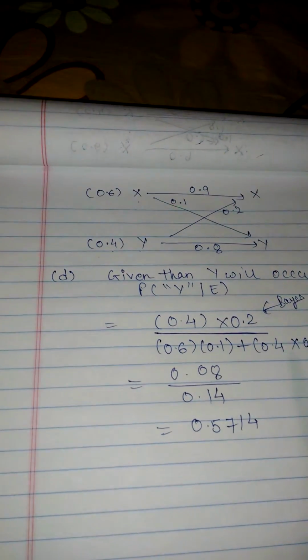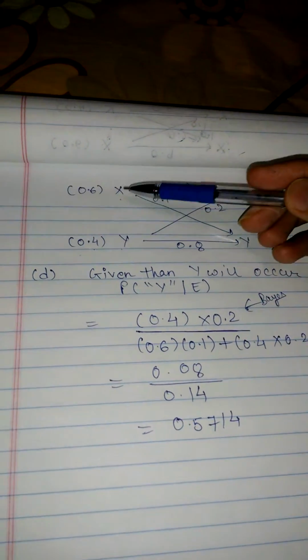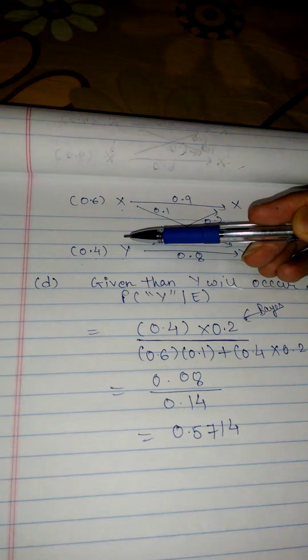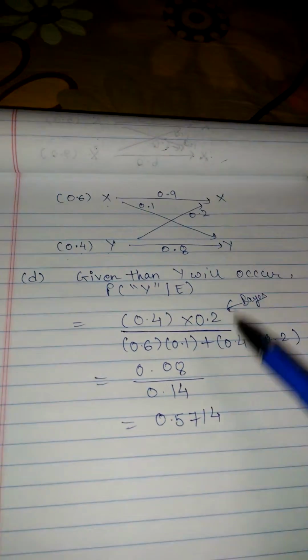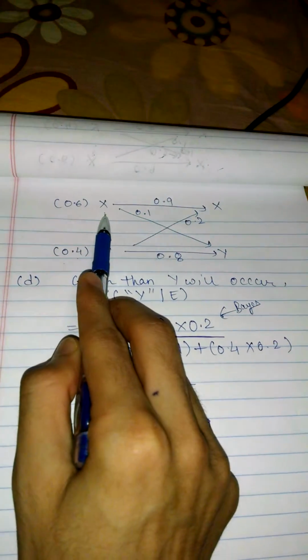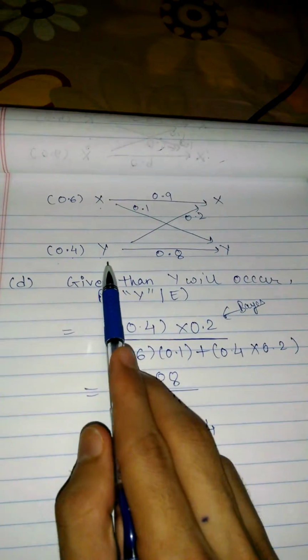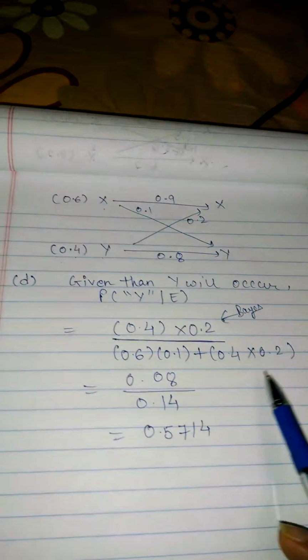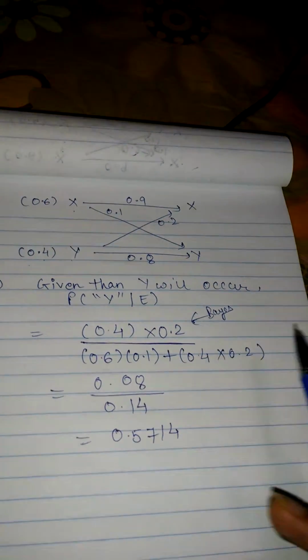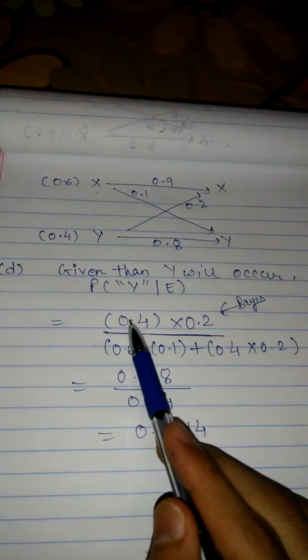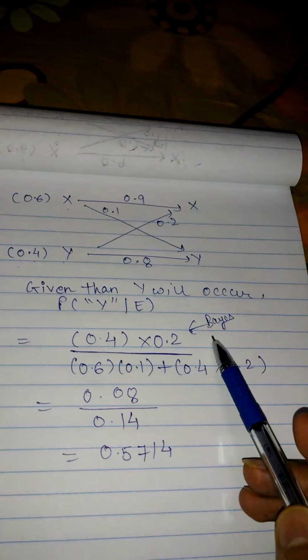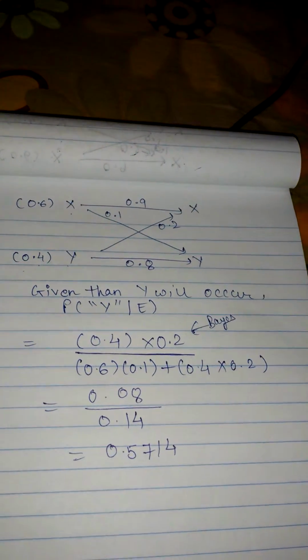Divided by, according to Bayes' theorem, we need to add both the inputs, the probability of getting an error. So the probability of getting an error if X is input, and the probability of getting an error if Y is input. We need to add both of these things. So 0.4 into 0.2 is the probability of getting an error if Y is input.